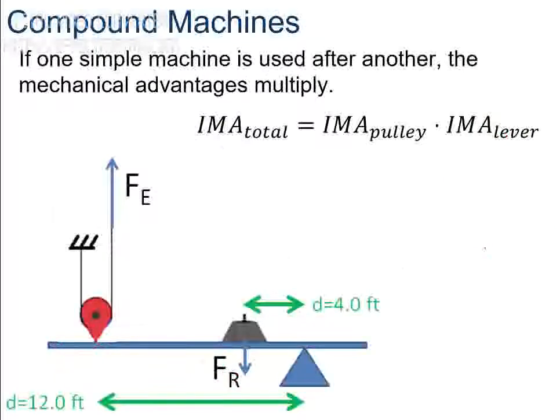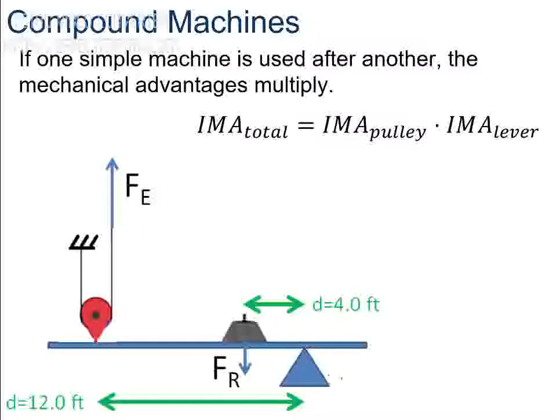And compound machines. When we say compound machines, one simple machine is used after another. That means by combining two or more simple machines, we can get a compound machine. For example, here we have one compound machine, pulley plus lever.